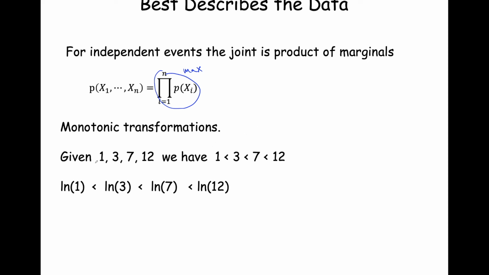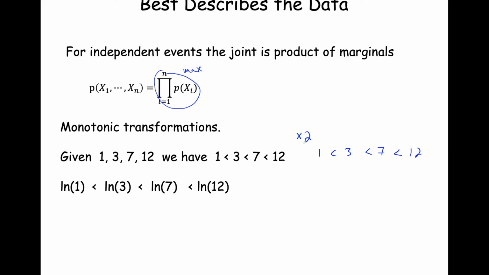So let's say we have the following set of numbers: 1, 3, 7, 12. If we order these values, 1 is less than 3, less than 7, less than 12.